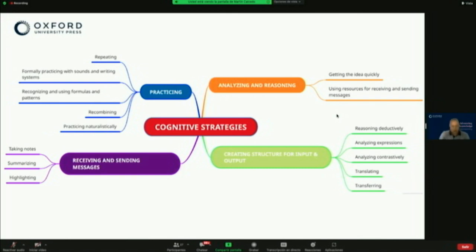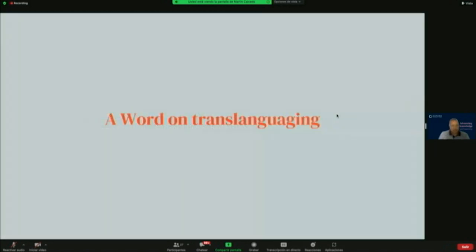And I want to go back quickly to translating and transferring because I know that for many of us, we have been raised in a learning environment in which L1 is forbidden, and it has changed a lot. One of the concepts that has come across very strongly is translanguaging.